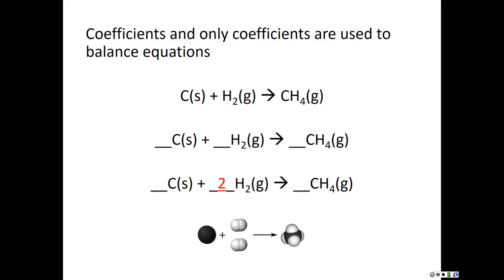So to go about balancing this, we'll break it in parts again, and we just count up what we've got. We've got 2 carbons, 4 hydrogens, and 2 oxygens on our reactant side. 1 carbon, 2 hydrogens, and 3 oxygens on our product side. So now it's really a matter of trying different things and finding out what works.